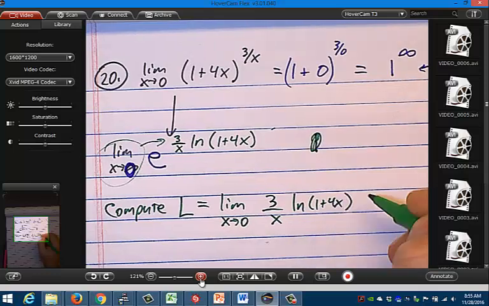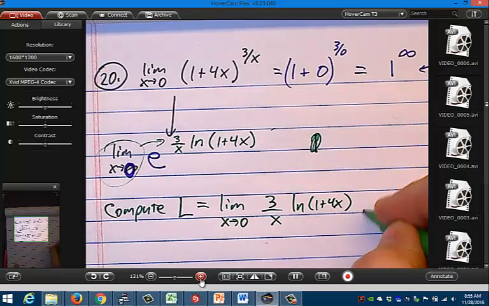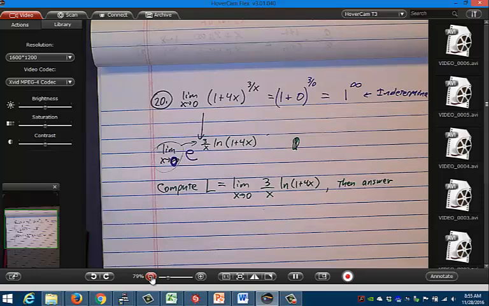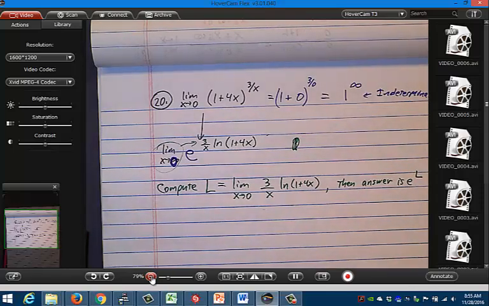I'll compute L, then the answer is just e to the L. So I'll compute the limit of the exponent.